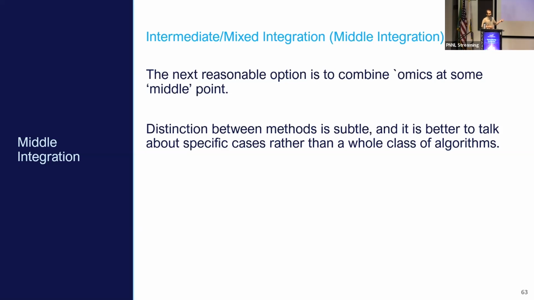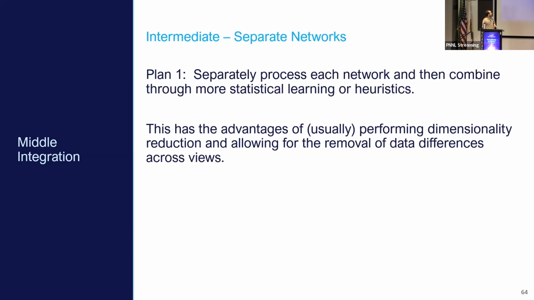I'll go over a couple examples of what that middle point might be and how it might do it. Okay, so here's one scheme. You take each of your data sets and process them through separate pipelines to form some intermediate representation, and then combine them at some later point.